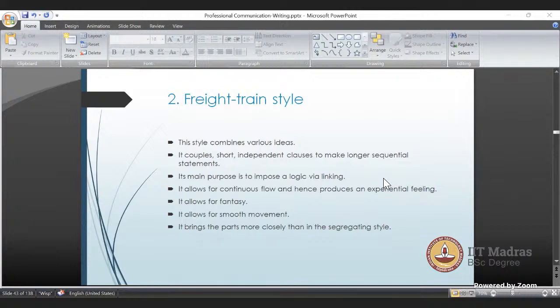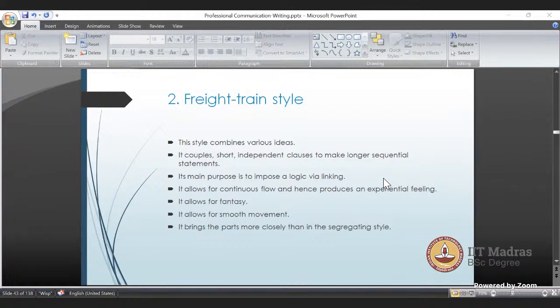Using all of them together can give you a continuous flow, especially when you are looking to write something that gives the reader an experiential feel. More than just giving them facts and details, if you are expecting your reader to experience something, then this style of sentence will help you better.